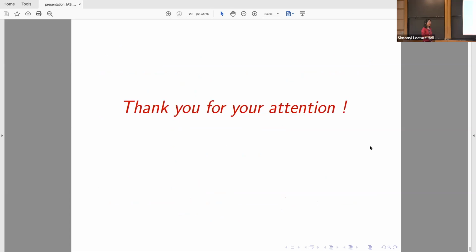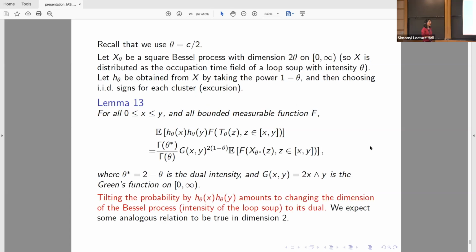So why do you say dual intensity? Here the critical intensity is theta equal to a half, and theta star at the critical intensity is 3/2, so it's not... What are you saying? Yeah, the dual intensity is supercritical. Yeah.